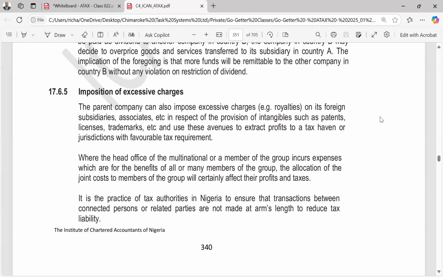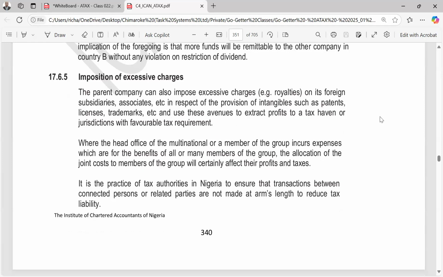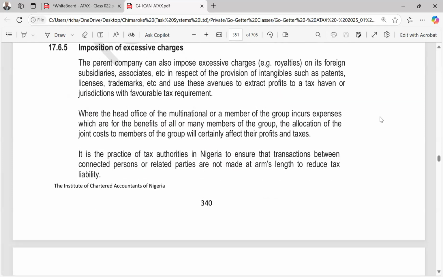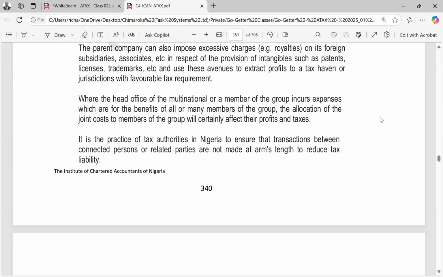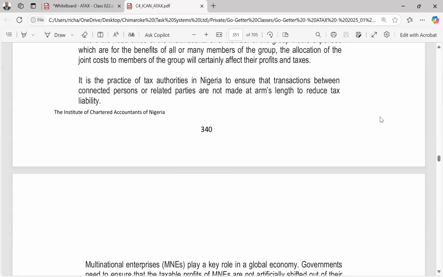They're enjoying favorable tax requirements, and it is bringing a problem to Nigeria. It is the practice of tax authorities in Nigeria to ensure that transactions between connected persons or related persons are made at arm's length and not used to reduce tax liabilities.